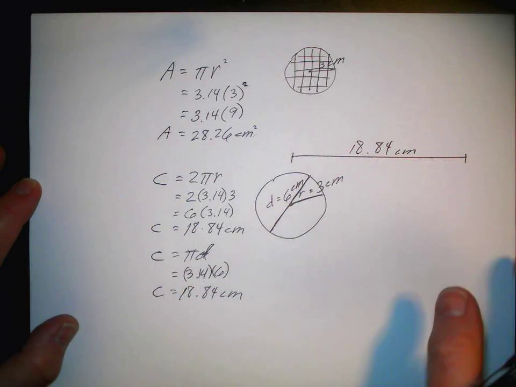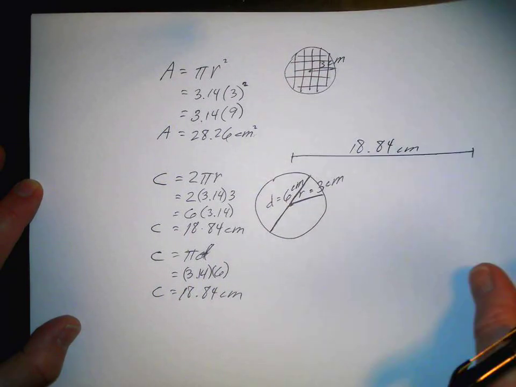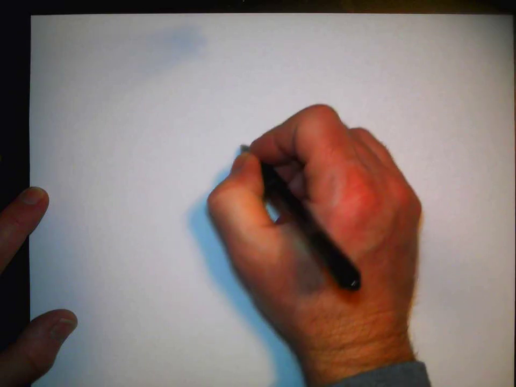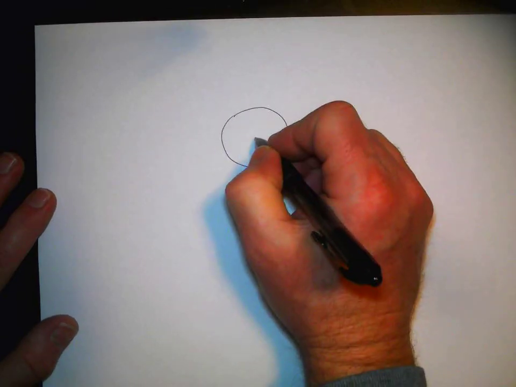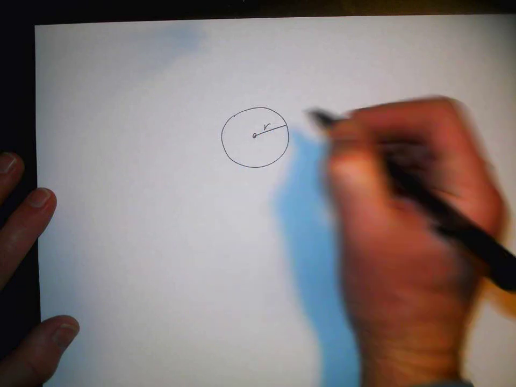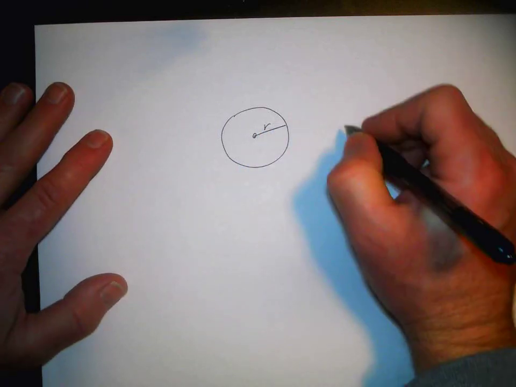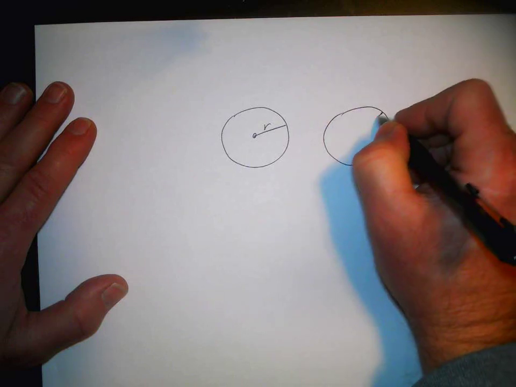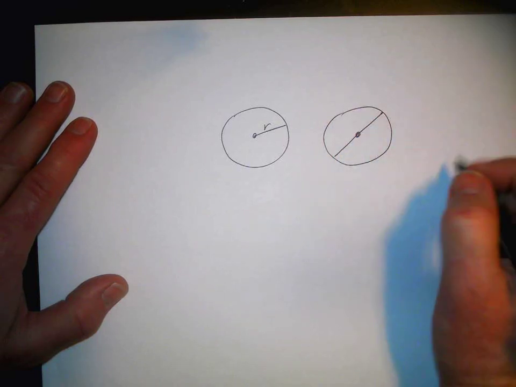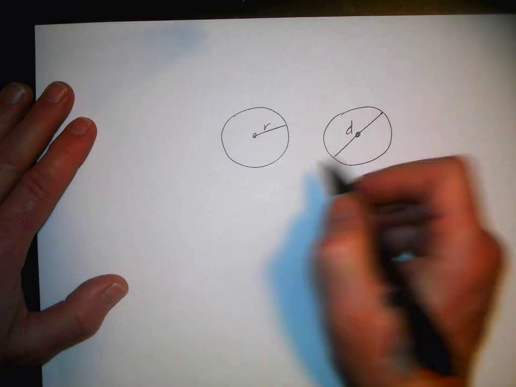Well, what happens if you know the circumference, and instead of looking for the circumference, you're looking for the radius or the diameter? And my pictures aren't perfect, but this one's the diameter, this one's the radius.